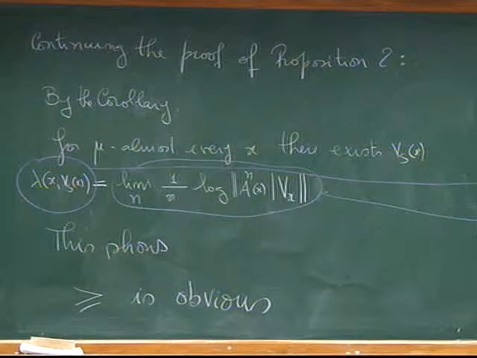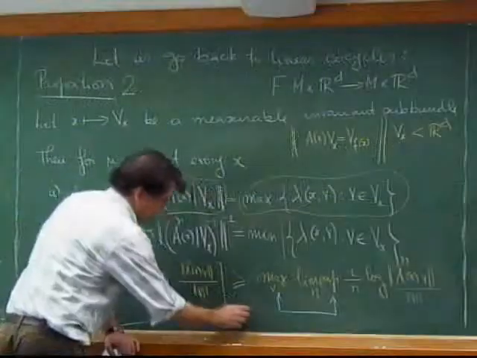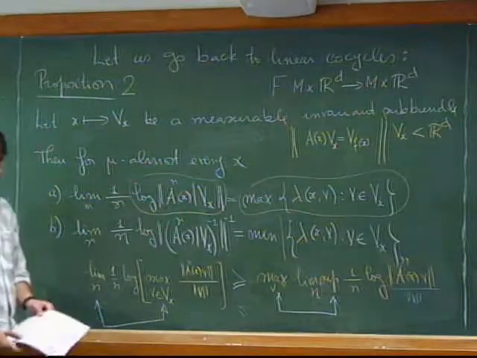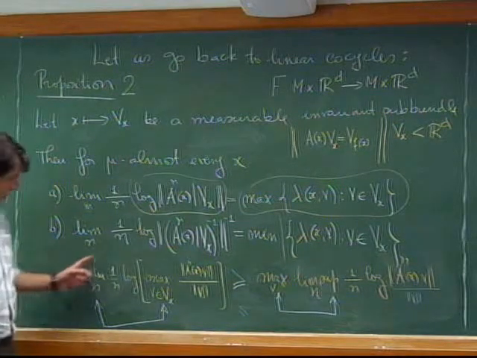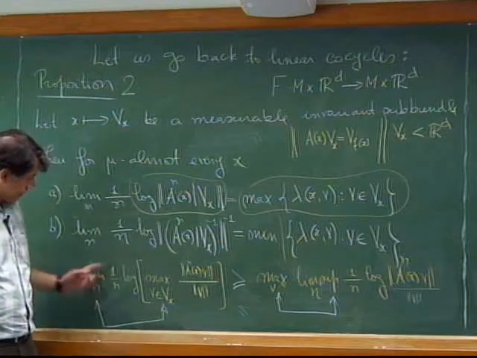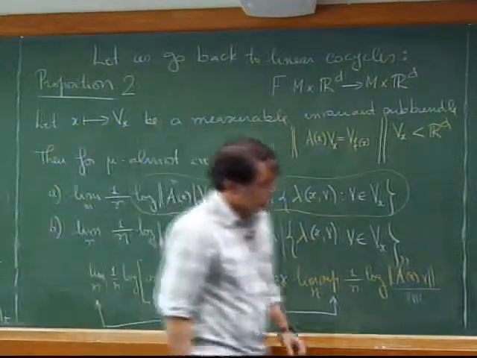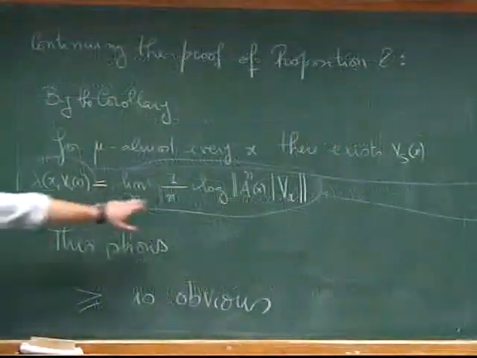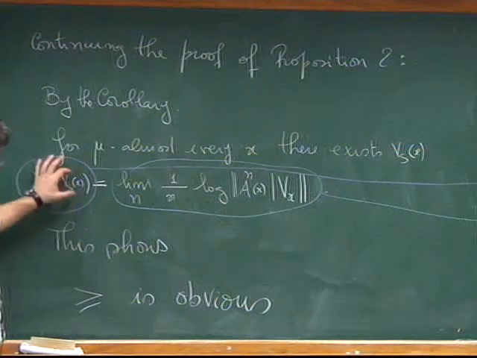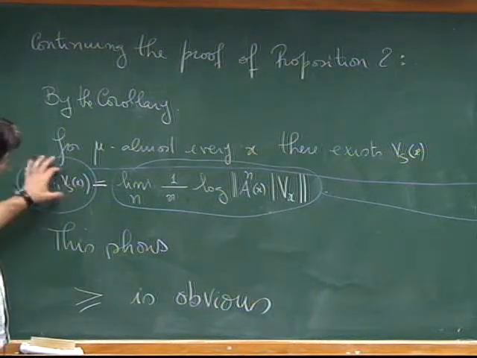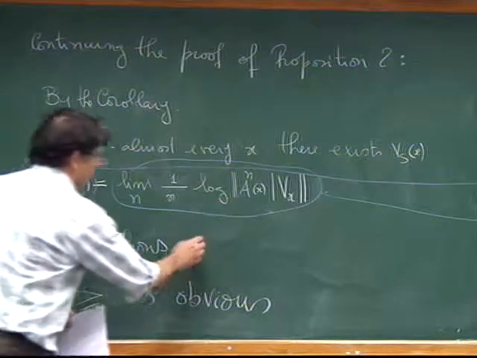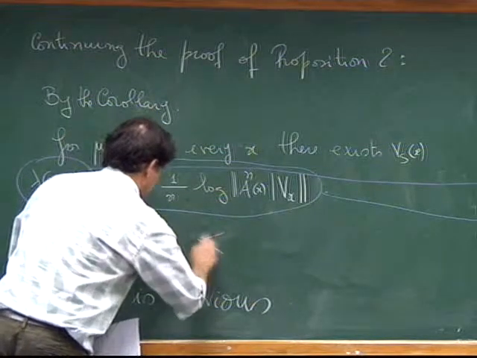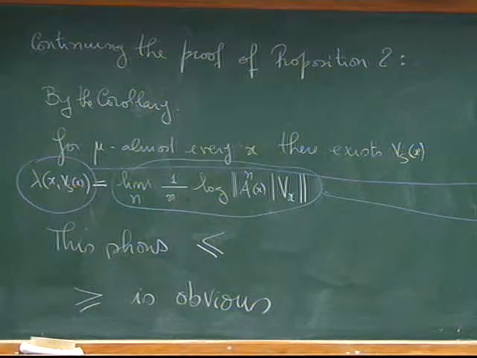So what we had to do to get proposition 2 was the other one. How do you prove the other one? You take this expression, it is here, and you find some vector whose lambda is bigger than this one. Okay?